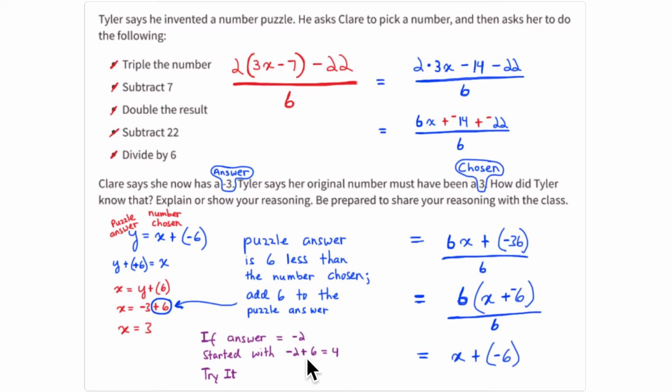That means the number you started with is 6 more than your answer. So you have to add 6 to the answer. The way to do this in the end is to keep track of whatever the person you're playing this game with says is their answer, and you add 6 to that. So negative 2 plus a positive 6 equals 4.